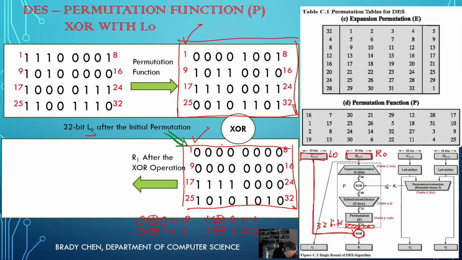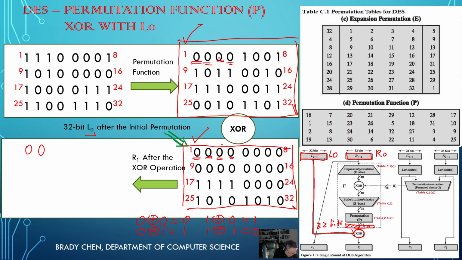So that's the definition for the exclusive OR. So let's do this bit by bit. The first bit, with index 0 or index 1: it's a 0 exclusive OR with 0, so we get a 0. 0 exclusive OR 0, we get 0. So we continue with the exclusive OR operation.